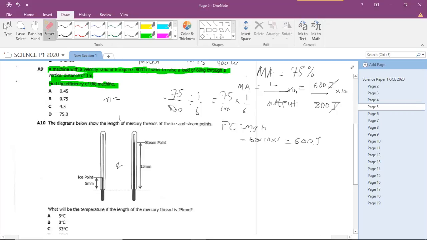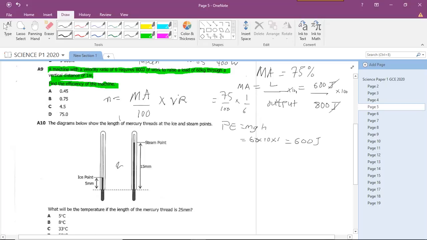Let me change this formula a bit. It has to be the mechanical advantage over 100, because it's a fraction, multiplied by the velocity ratio.